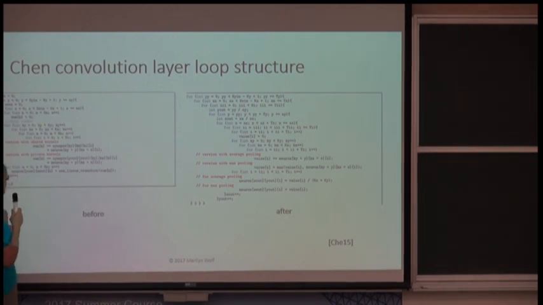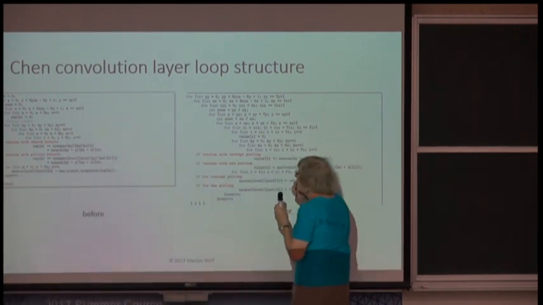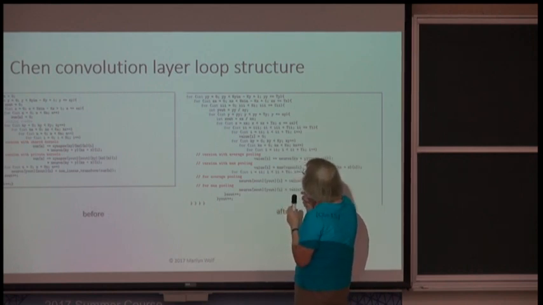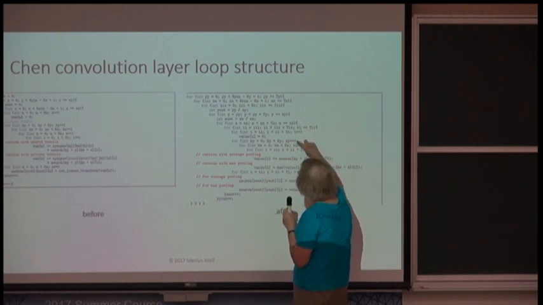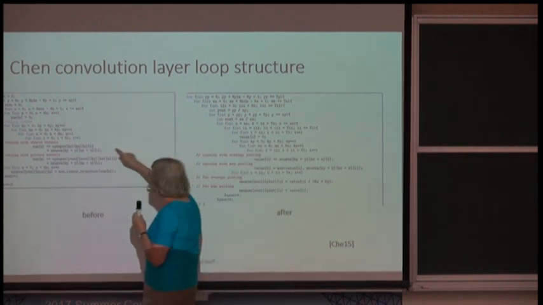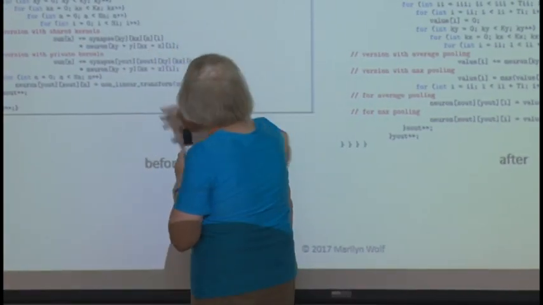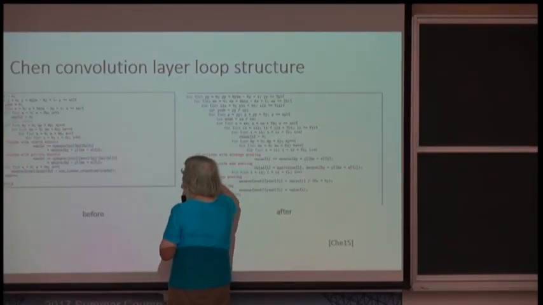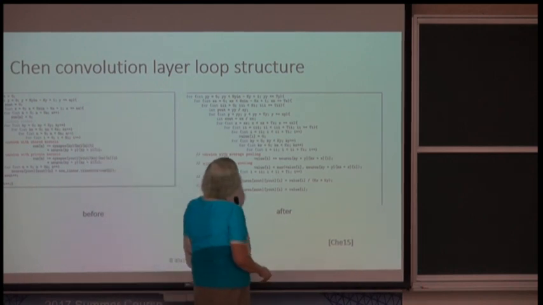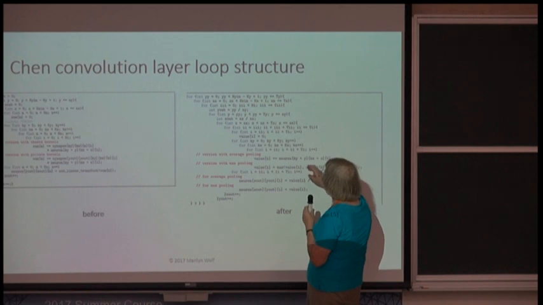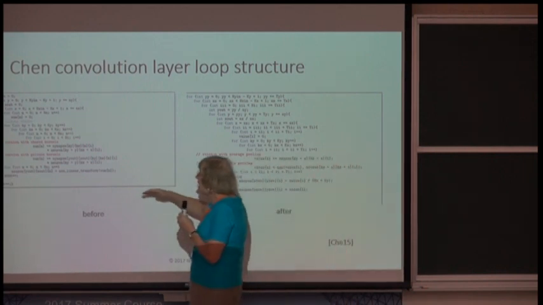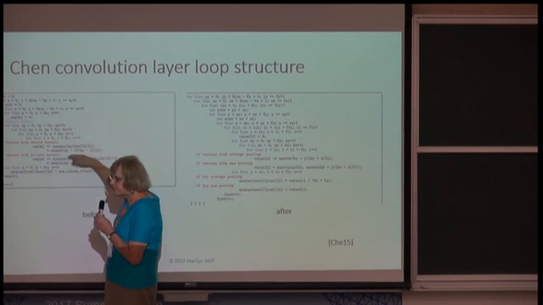So this loop corresponds to this loop here. This corresponds to this loop here. This corresponds to this. And so the inner loop is basically unrolled into parallel hardware units.